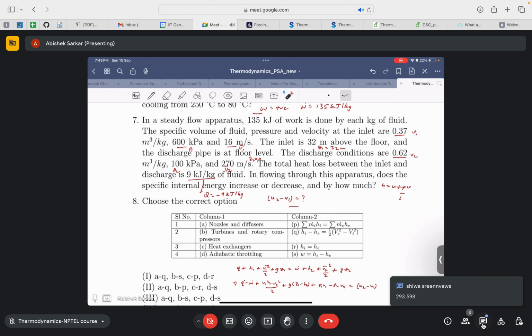Okay, let me check. Have you multiplied 10 to the power minus 3 with the potential energy and the kinetic energy terms?